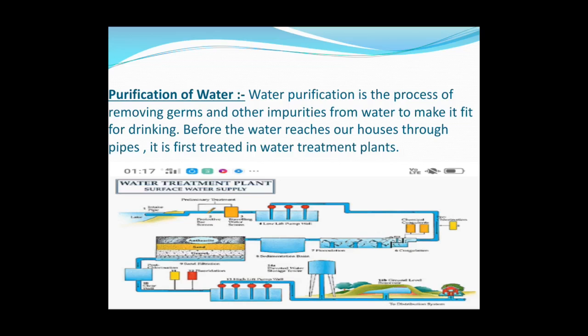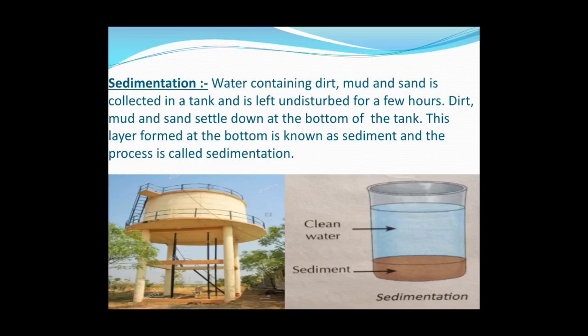Purification of water. Water purification is the process of removing germs and other impurities from water to make it fit for drinking. Before the water reaches our houses through pipes, it is first treated in water treatment plants. Sedimentation.